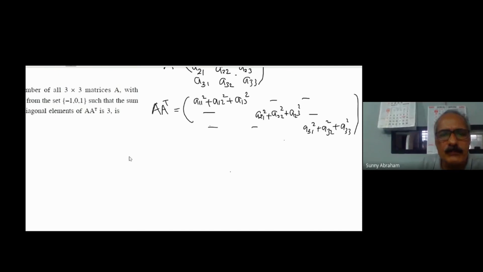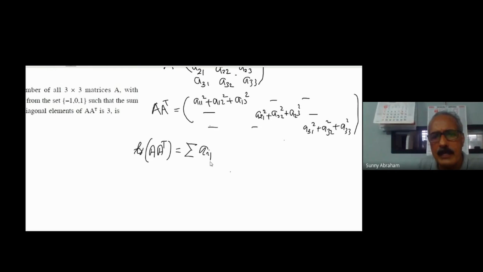So the trace of A into A transpose is the sum of squares of all the 9 elements, that is, sigma Aij square. This trace should be equal to 3.